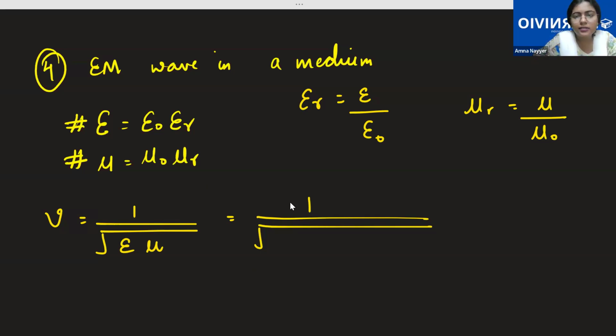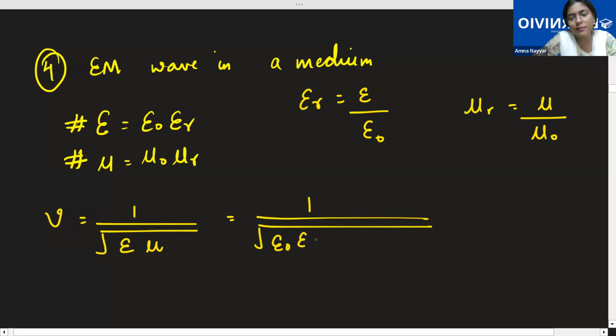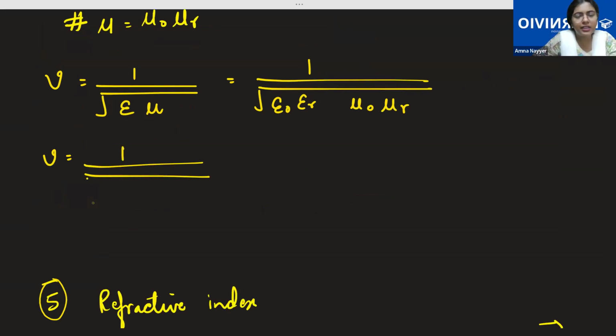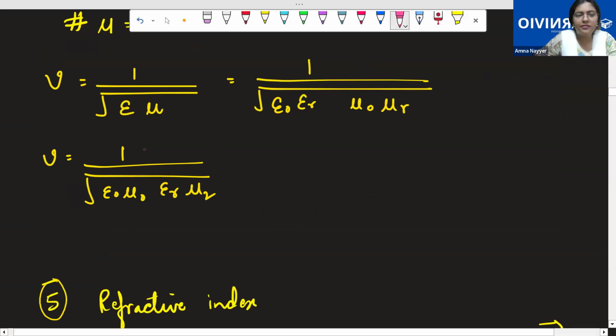So this is C. Epsilon can be written as epsilon naught, epsilon r. Mu can be written as mu naught into mu r. Now speed will be 1 by... See, if I just rearrange the terms like this, epsilon naught, mu naught, epsilon r, mu r. See class, basically 1 into this whole term, if I take, what will be this?